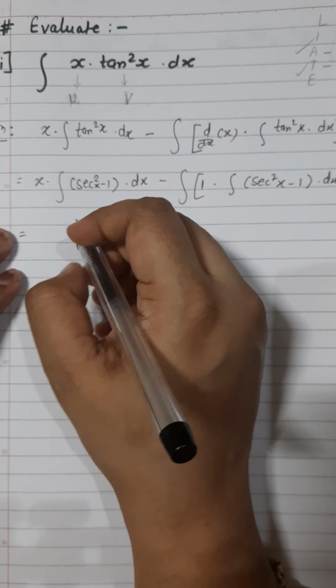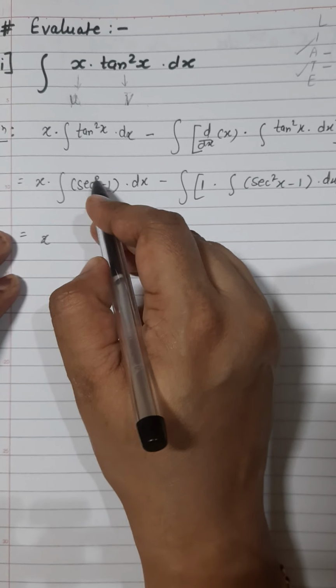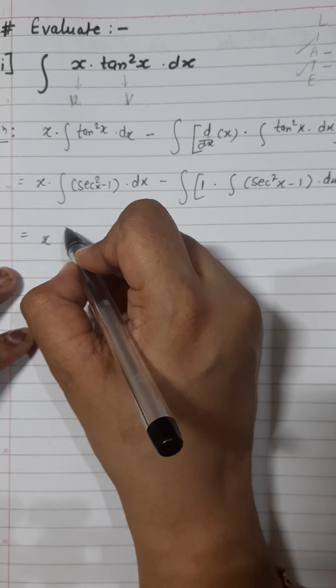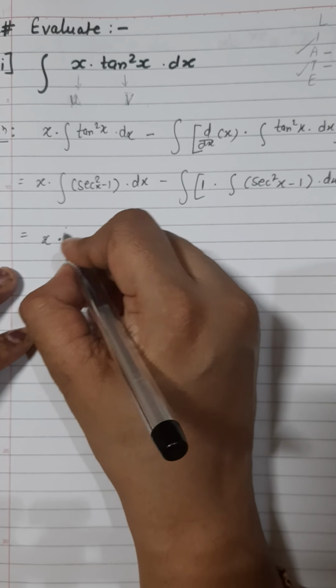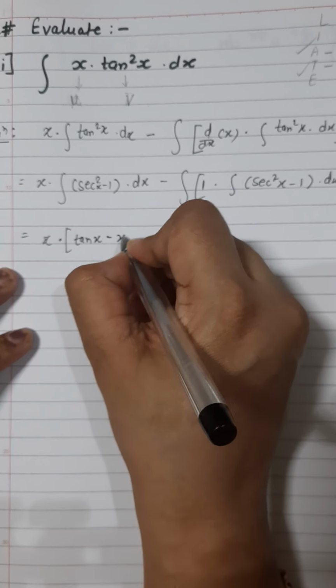So that is going to be x into, now you can find integration of sec square x and integration of 1 separately. So integration of sec square x is tan x and integration of 1 is x.